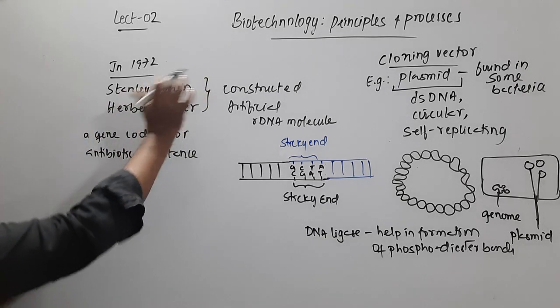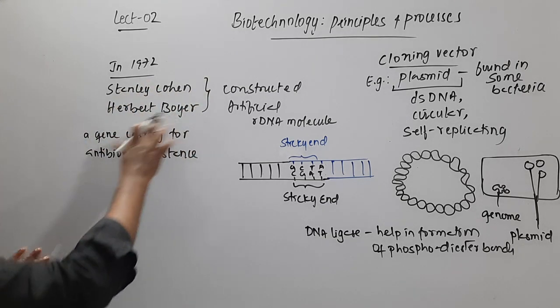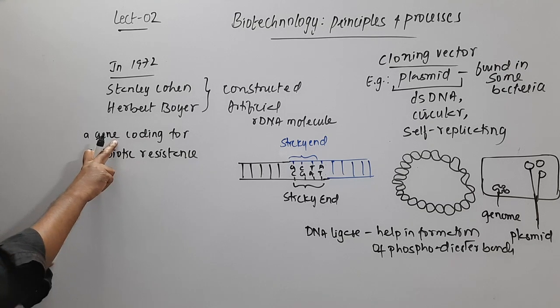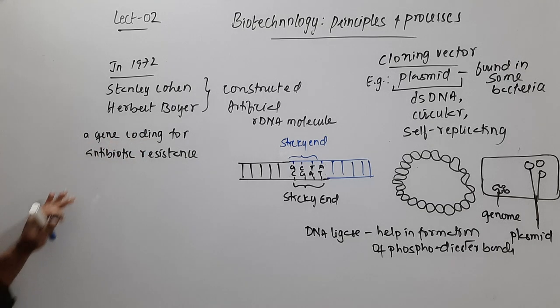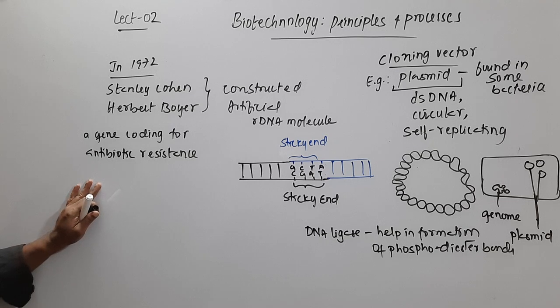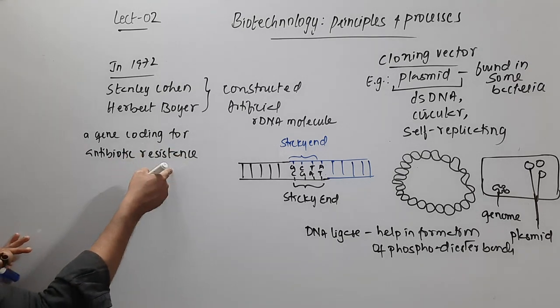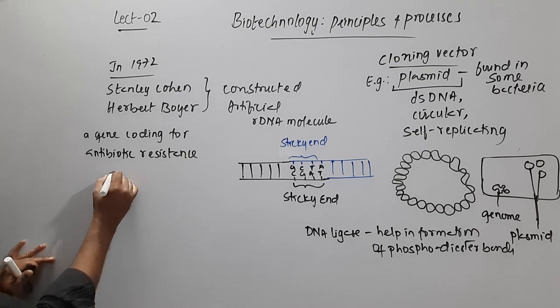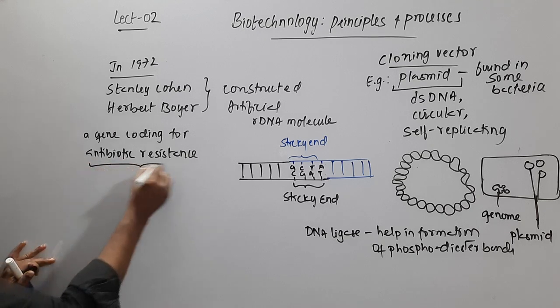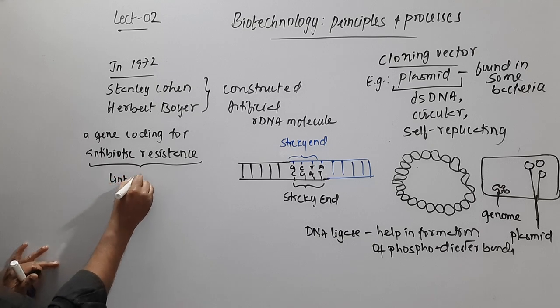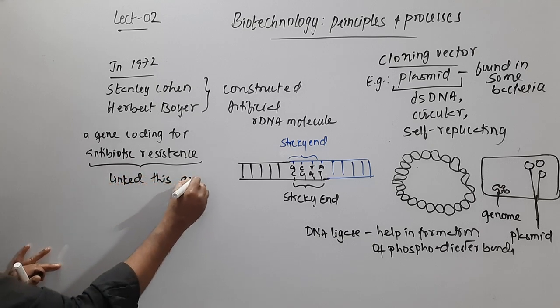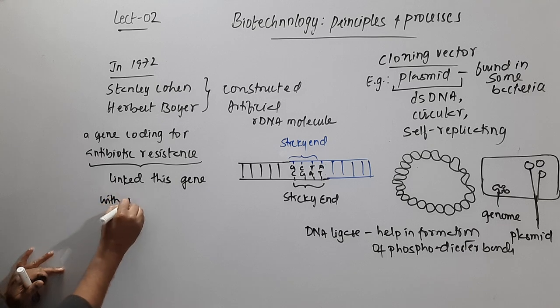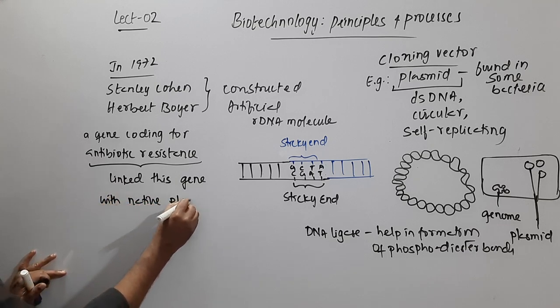Here, Stanley Cohen and Herbert Boyer isolated a gene coding for antibiotic resistance, and what they did is they linked this gene with a native plasmid.